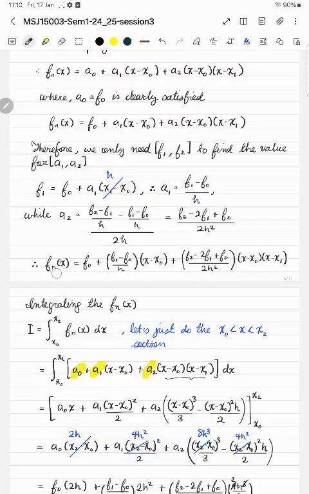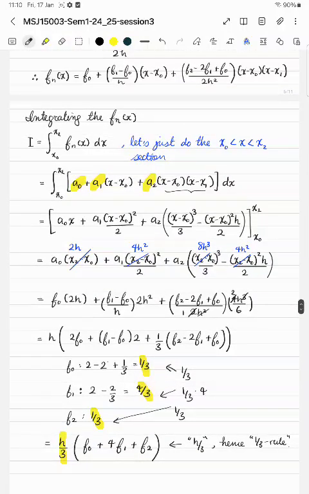So we end up with f2(x) equals f0 plus a1, which is, this time we have the value (f1 minus f0) divided by h, and then plus a2 multiplied by the terms here, (x minus x0)(x minus x1), and this time we have (f2 minus 2f1 plus f0) divided by 2h squared.